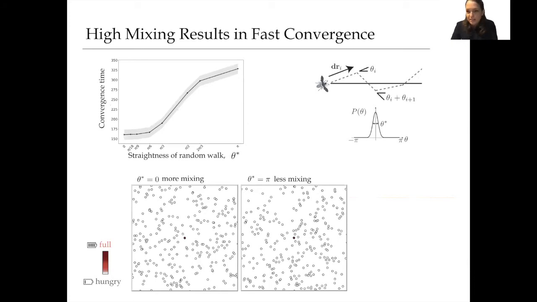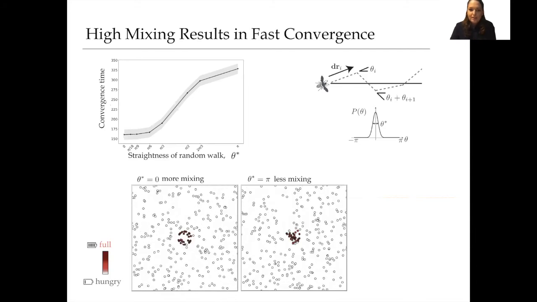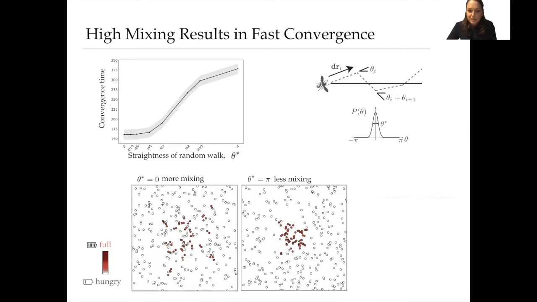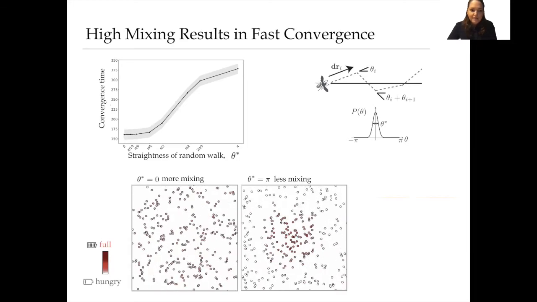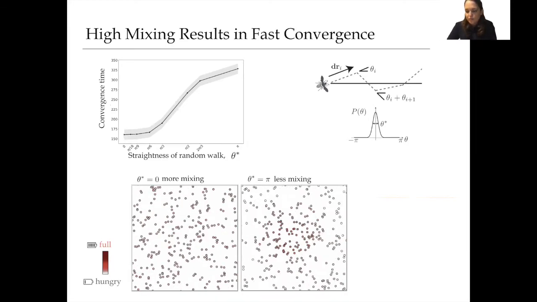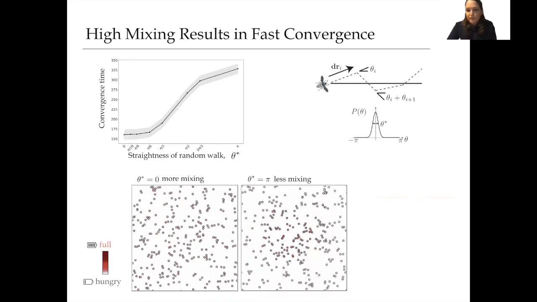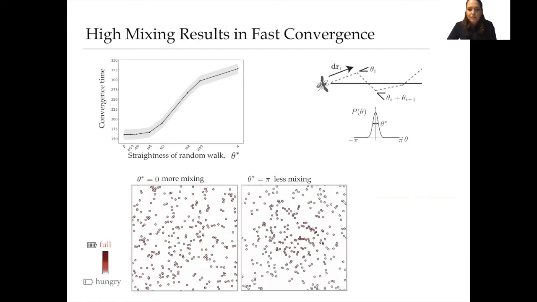And just to illustrate this a bit more visually, here are two examples of these simulations. On the left, we have the more ideal case with more mixing, so individuals are moving further in comparison to what we see here on the right side, and you can probably already see visually by eye that the system on the left is going to converge and reach equilibrium faster than the system on the right side.